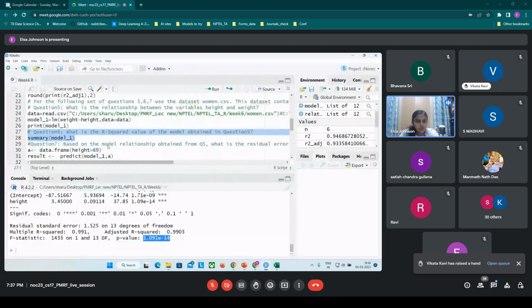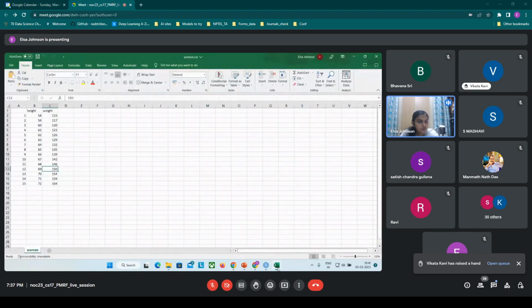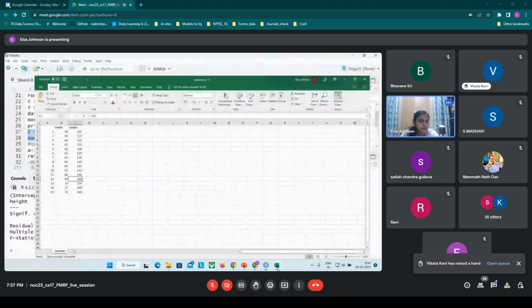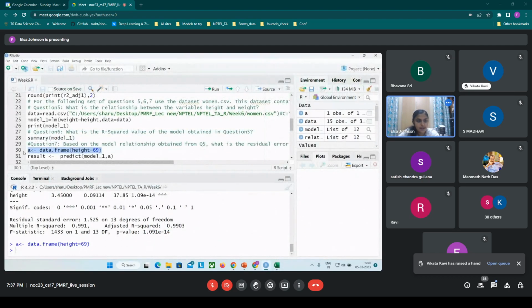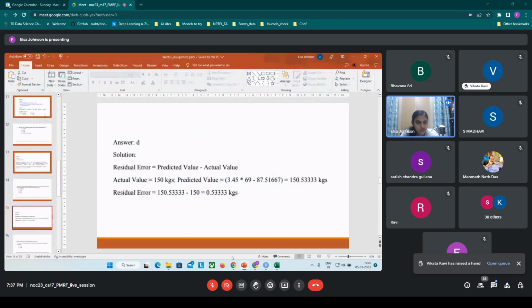Now if you go to RStudio, this is kind of new data. It's already present there, but we are still asking what the predicted value will be when the height is 69. First, you convert it to a data frame. It's stored in A, and you can do the whole calculation here, predicted value minus actual value.